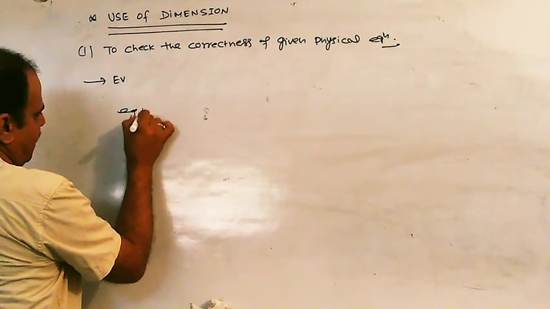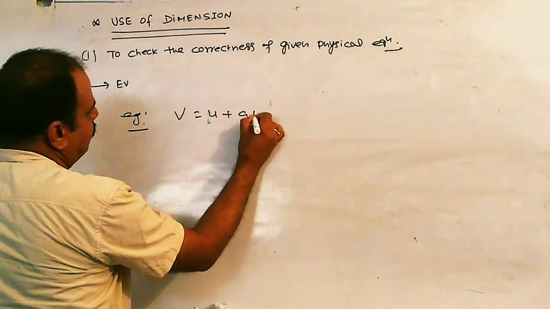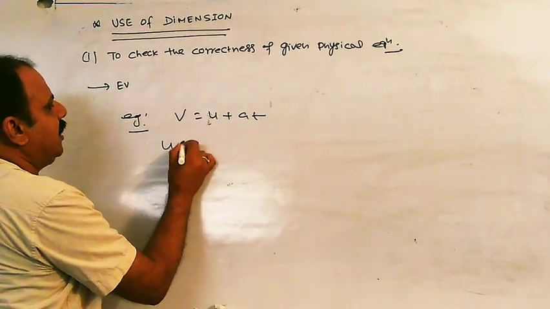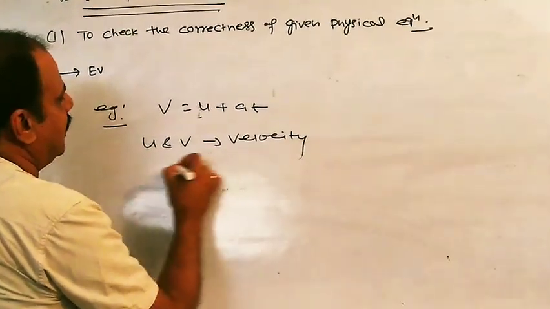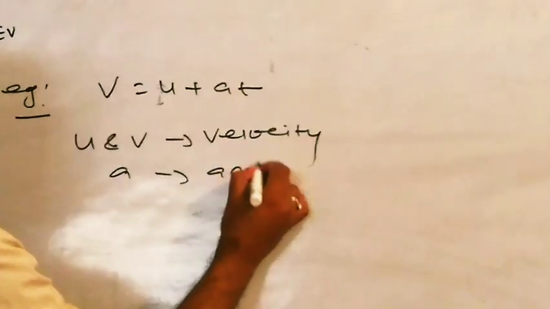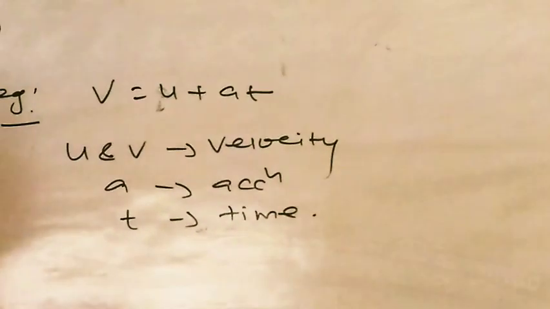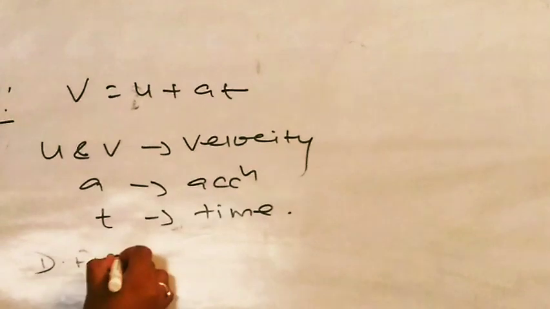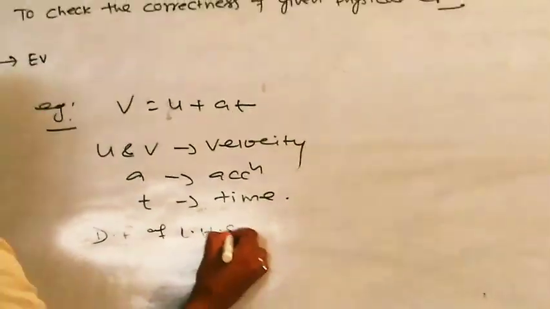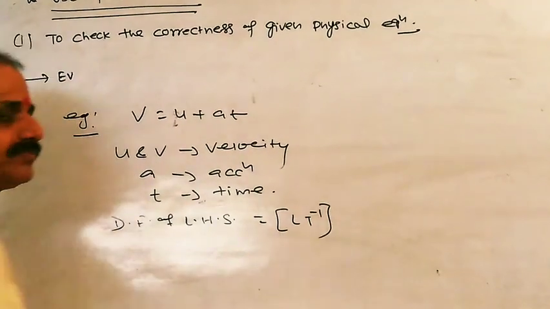For example, we have to check the equation V equal to U plus AT, in which U and V are velocity, A acceleration, and T time. DF of LHS, V means LT inverse, meter per second.